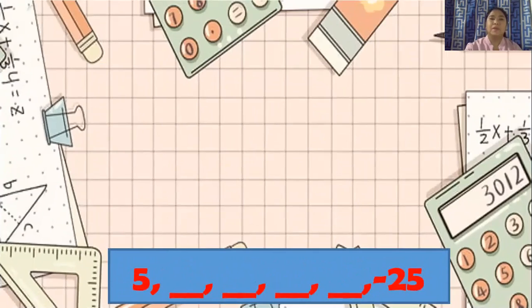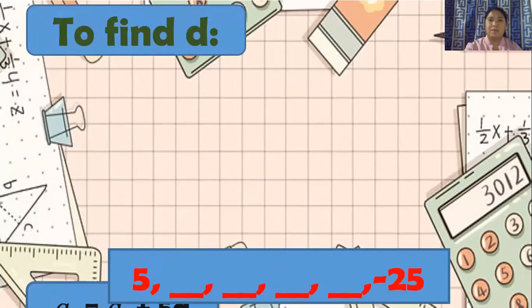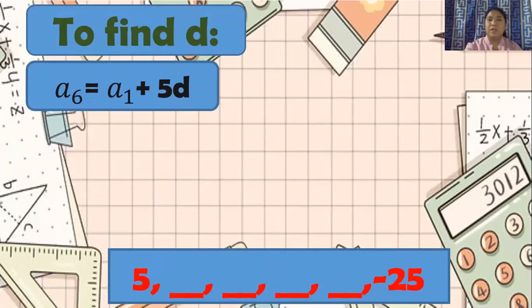So paano ba natin yan hahanapin? To find for d, I have here a sub 6 is equal to a sub 1 plus 5d. Bakit ako nag-come up sa ganyang formula? Since given ang a sub 6 and a sub 1, we are looking for the d.